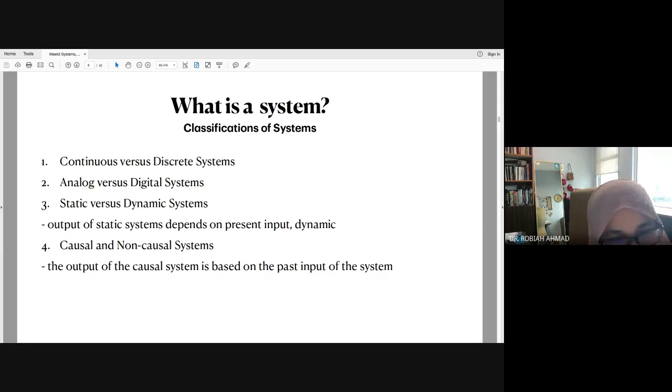One is continuous versus discrete, just like what we learned in the first week on signals, but now it is applied to systems. Then analog versus digital, static versus dynamic systems, and causal and non-causal systems. The output of static systems depends on the present input, and the output of causal systems is based on the past input of the system. We'll look into it one by one.